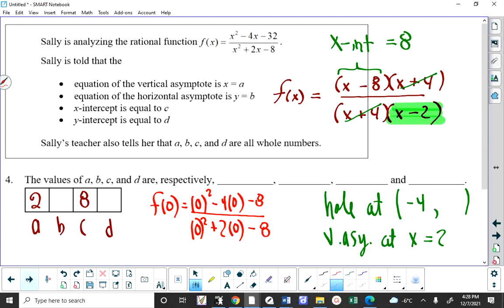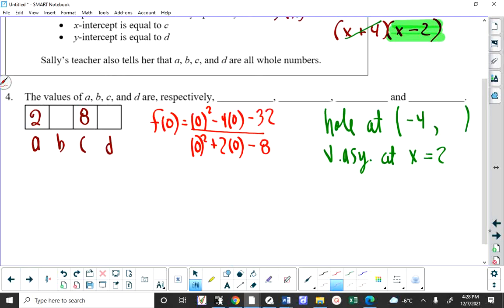I misspoke a second ago. This should be minus 32. What you are going to be left with on the top is negative 32. On the bottom, you're going to be left with negative 8, which means that f of 0 is going to give you negative 32 over negative 8, which is 4. So we found the y-intercept, which is d, to be 4.